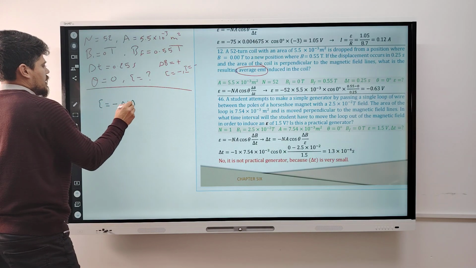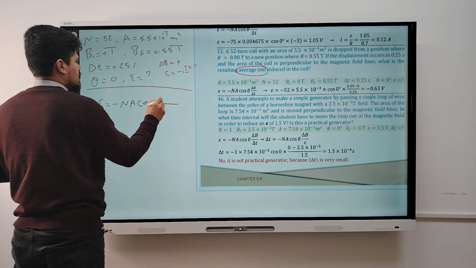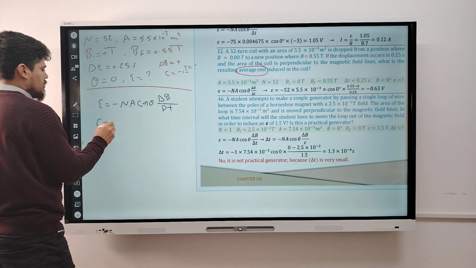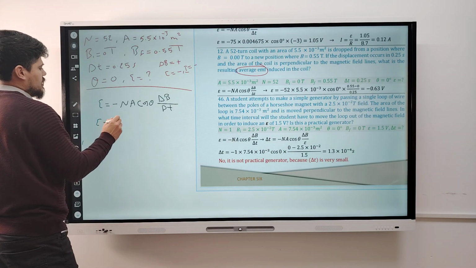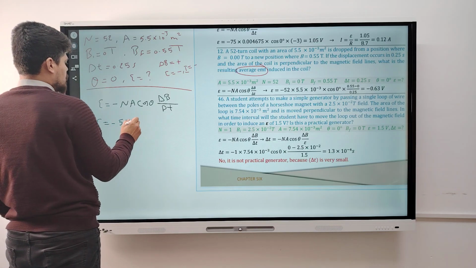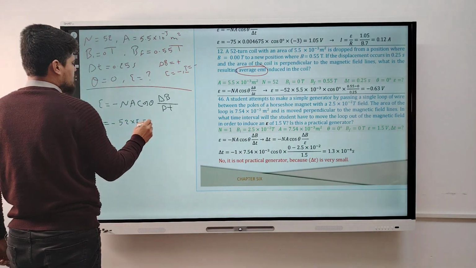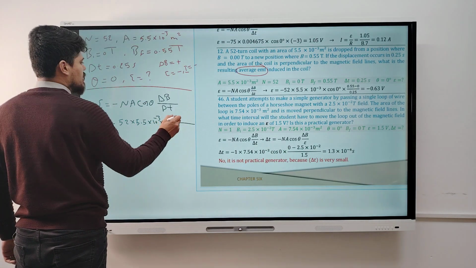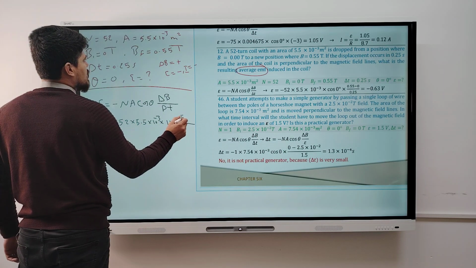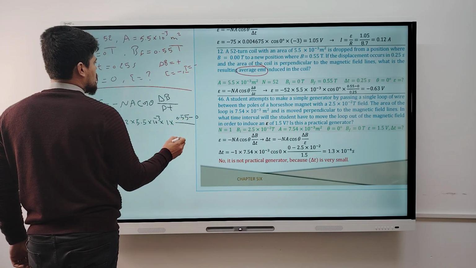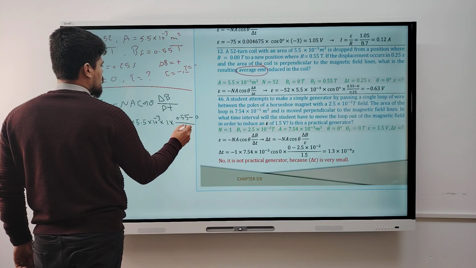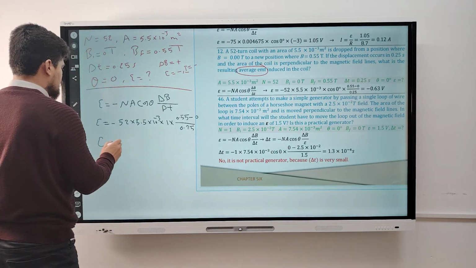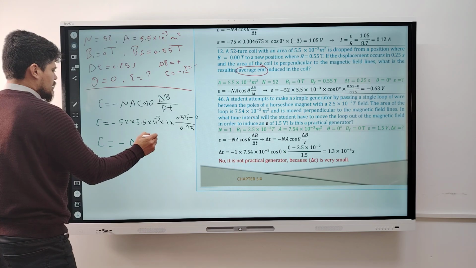EMF is equal to negative N A cosine theta delta B over delta T, which is negative number of turns 52, area 5.5 times 10 power negative 3, cosine 0, B final 0.55 minus 0, divided by 0.25. EMF is equal to negative 0.63 volts.